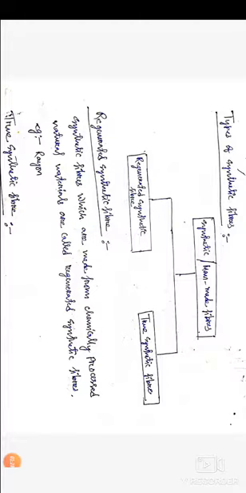Since the rayon is made from a natural source, that is cotton, which is chemically processed later, it is considered a regenerated synthetic fiber. So regenerated synthetic fibers can be considered semi-synthetic fibers. They are not fully synthetic.